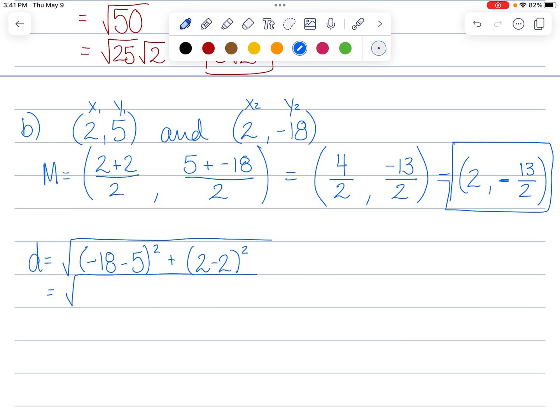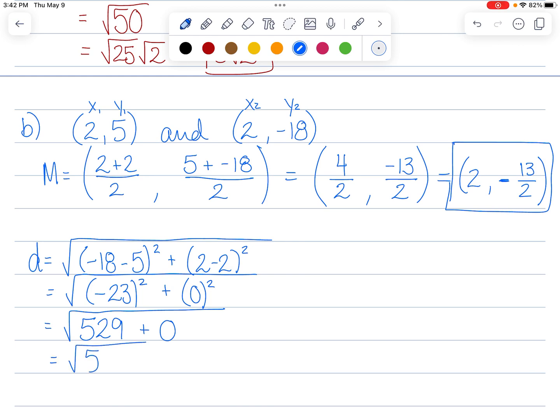Okay, be careful with your adding and subtracting. -18 minus 5 is -23. 2 minus 2 is 0. -23 squared is 529. 0 squared, 0. Add them together, I get 529.